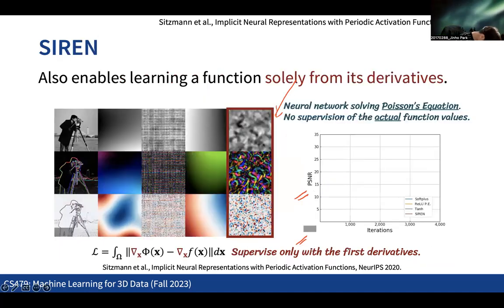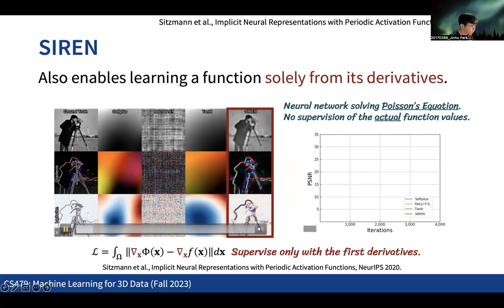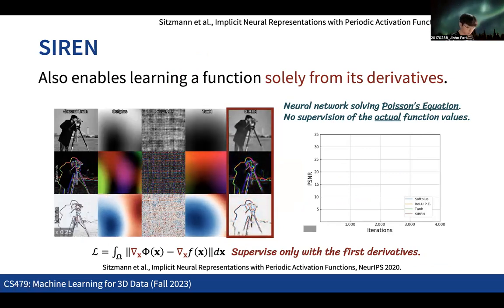And we could do the other way around: when we only provide the first derivative information, we could also see that the neural net is kind of solving the Poisson's equation, in a way that we are getting the input function like this.